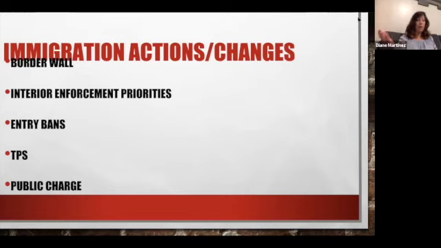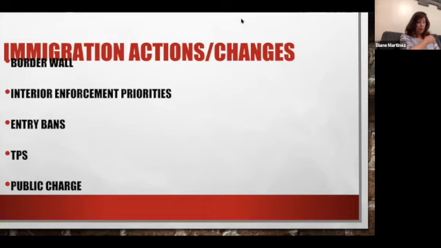That has been a big topic for the last four years, but President Biden signed an executive order which paused the building of the border wall until they could determine what other strategies they could use to control the border. So for right now, that is on hold.